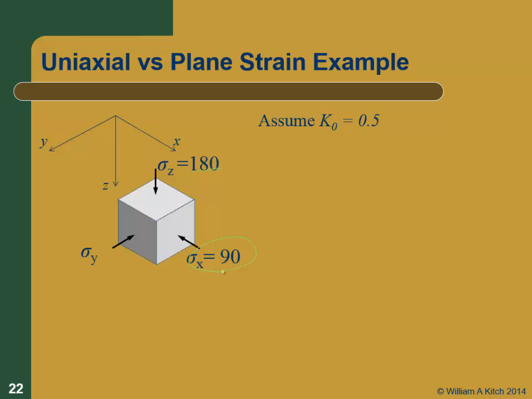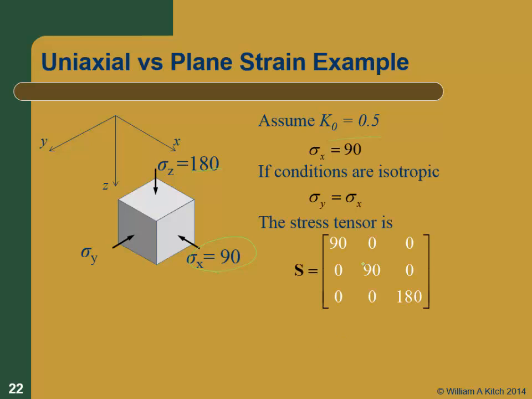I'm ignoring pore pressure, so ignoring the difference between the effective and total stress right now. Well, sigma x is going to be equal to half of that if K naught is equal to 0.5. So sigma x is going to be equal to 90. If the conditions are isotropic and sigma x was equal to sigma y, the stress tensor would be 90, 90, 180, right?